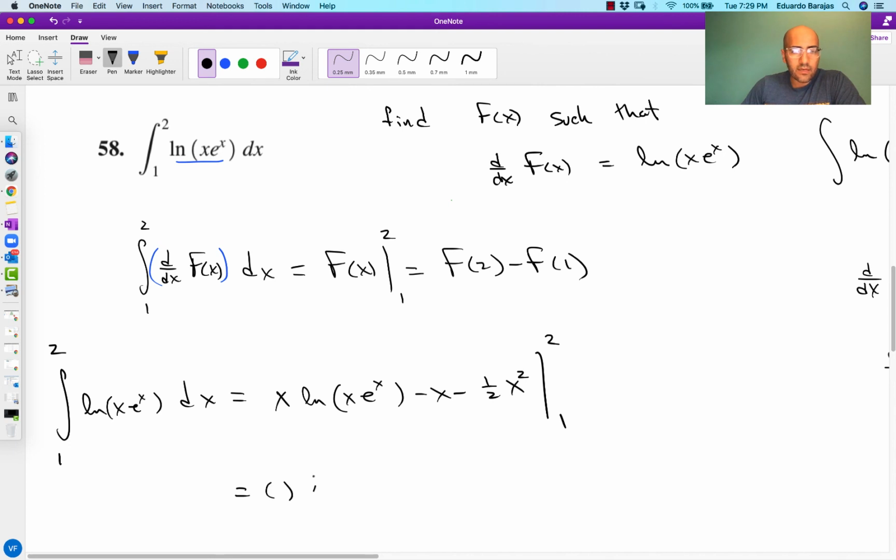So we're going to evaluate it this way. This is going to be blank ln of blank e to the blank minus blank minus 1/2 blank squared, and then we're going to have a minus, and then repeat the whole thing, blank ln of blank e to the blank.